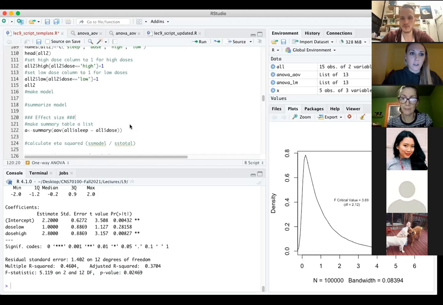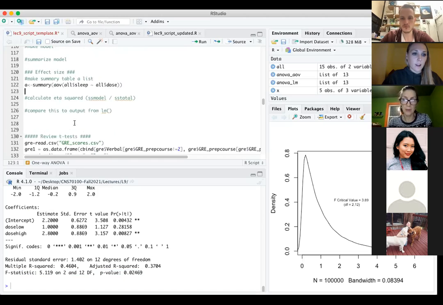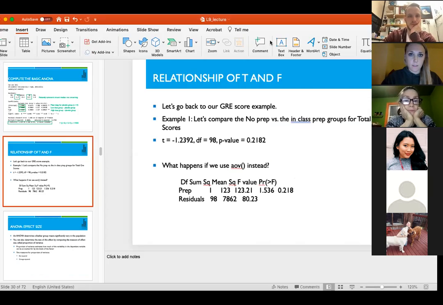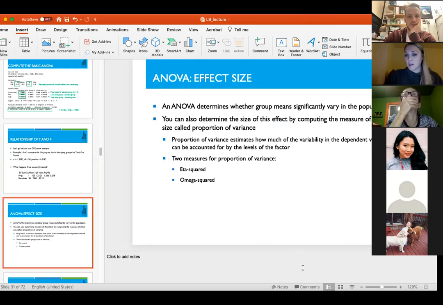All right, so the next thing that we're going to talk about is effect size. So I'm going to hop back into the PowerPoint because just like with t-test, we have effect size. Oh, I guess you guys need to see that. There you go. So just like with t-test, we have effect size.